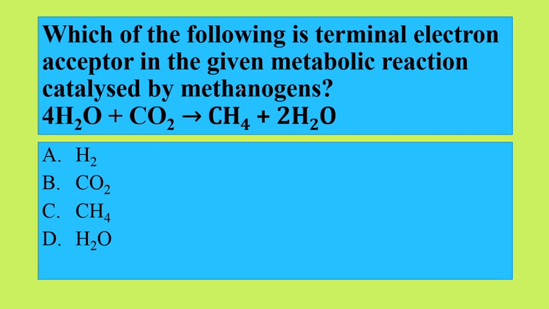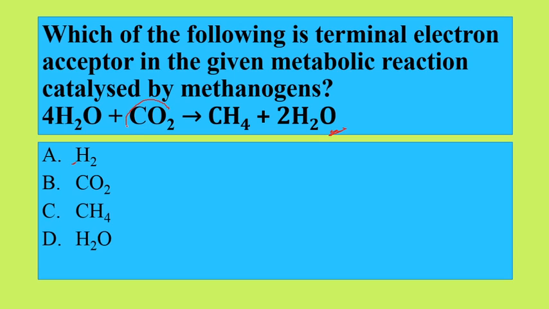Which of the following is the terminal electron acceptor in the given metabolic reaction catalyzed by the methanogens? So we have this reaction which is catalyzed by the methanogens. In this we have H2, CO2, CH4 and H2O. We have to tell which is the terminal electron acceptor.